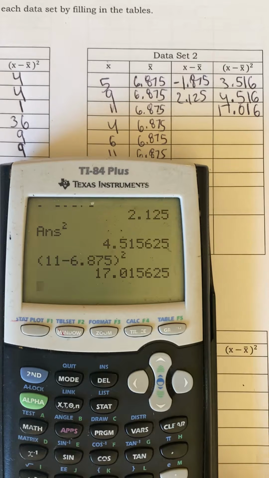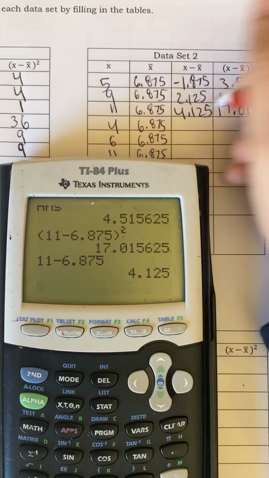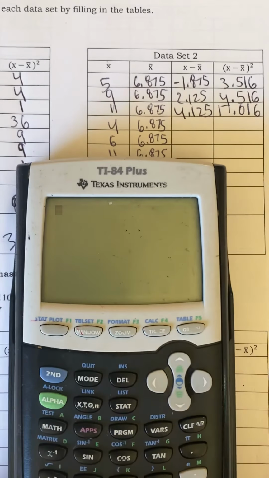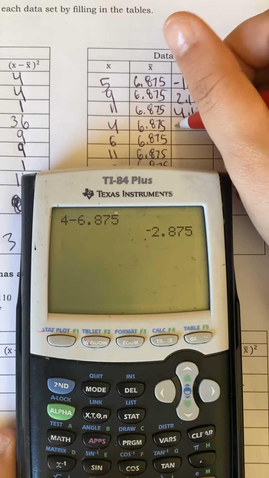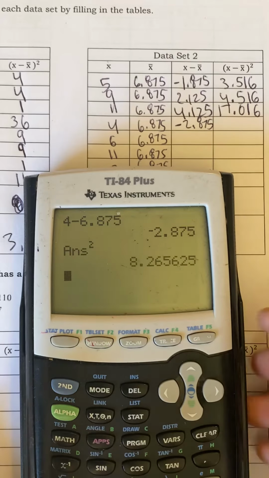Okay, just to keep filling out our table, let me go back. 11 minus 6.875. Okay. Then we got 4 minus 6.875. That gives me negative 2.875. And then we square it.